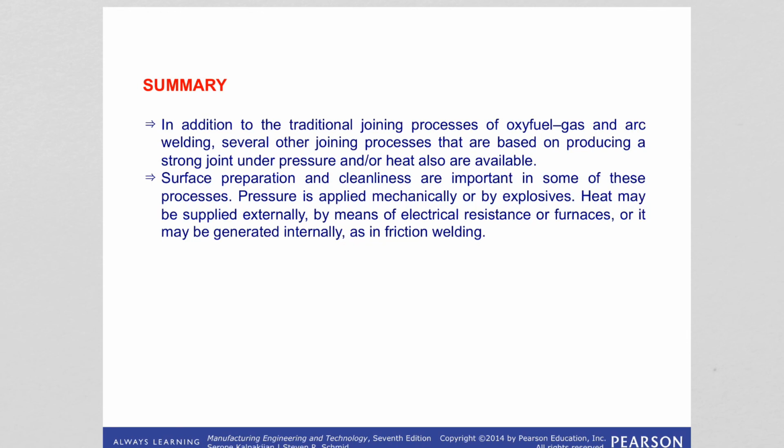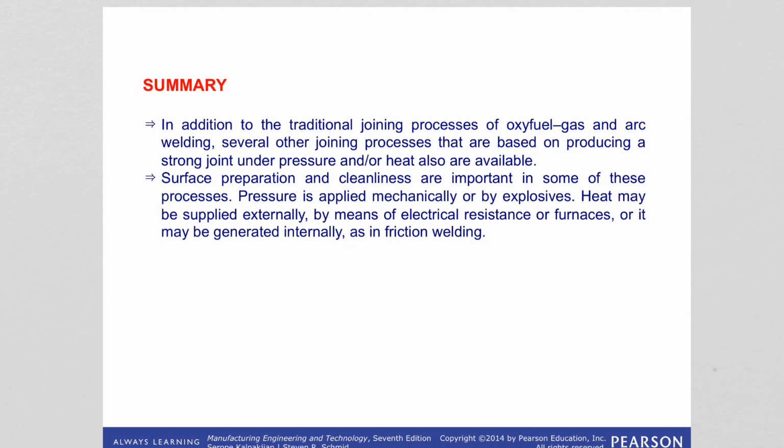So in this chapter we have learned solid state welding processes. In the previous chapter we learned oxy-fuel gas and arc welding techniques, and in this chapter we learned solid state welding.